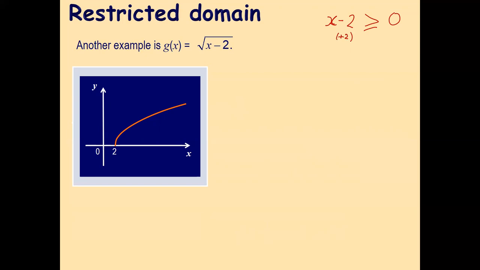But whatever you do on that side to keep the balance, remember an equation or inequation always has a balance, you need to do the same on this side. So if you were to teach that to somebody, it's better to teach the person what you've done. You've got a balance. To keep that balance, you do something on the left, you do the same on the right. Because if I add 2 on both sides, it gets rid of the 2. And now 2 plus 0 is just 2. And you've got here x greater than or equal to 2.